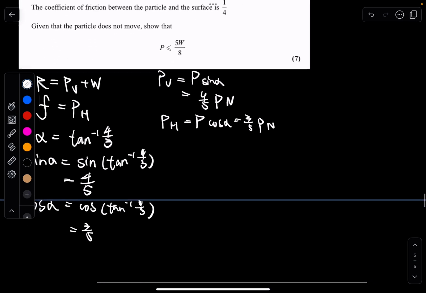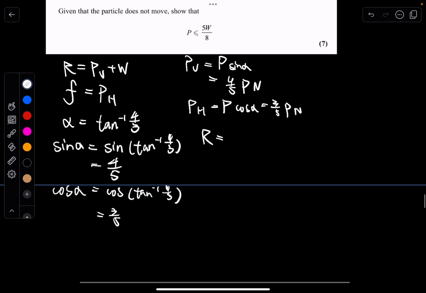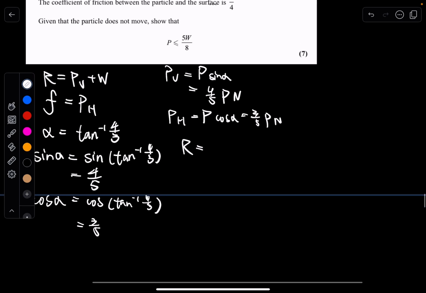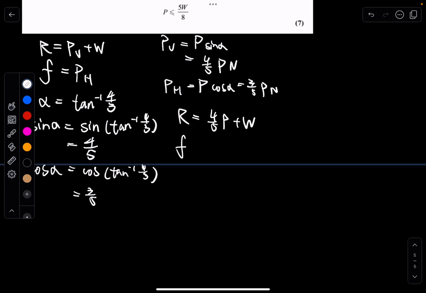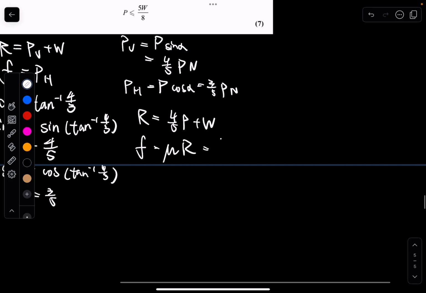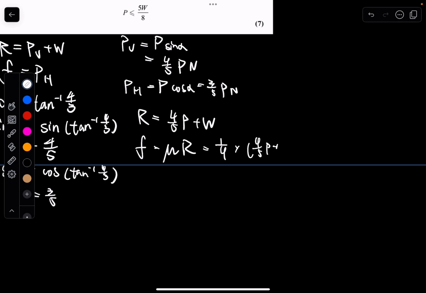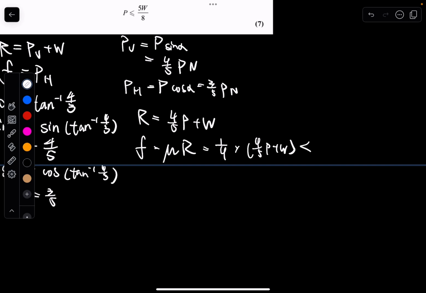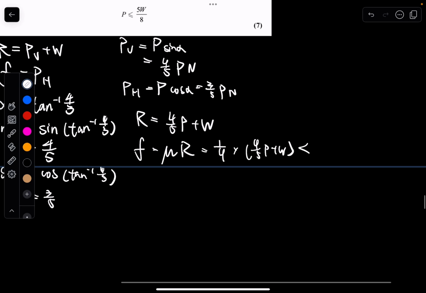And then, so R would equal to what? 4/5P plus W. And then we know the friction is equal to mu R. And then we know it's 1/4 times 4/5P plus W. And we know that friction must be less than, or wait.